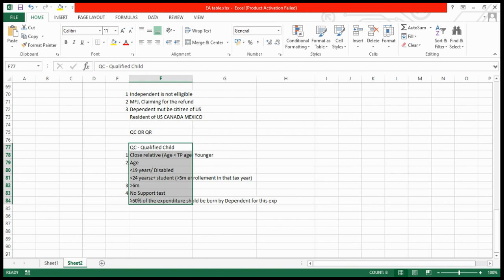If someone is eligible as US citizen and he is independent and is not filing any return, and if he is filing also, it should be for claiming the refund, then you have to go further and check whether he satisfies the QC or QR. Once the preliminary three conditions are satisfied, then only you have to check for the QC or QR. So in our case QC, there are four additional conditions, those I represented here.